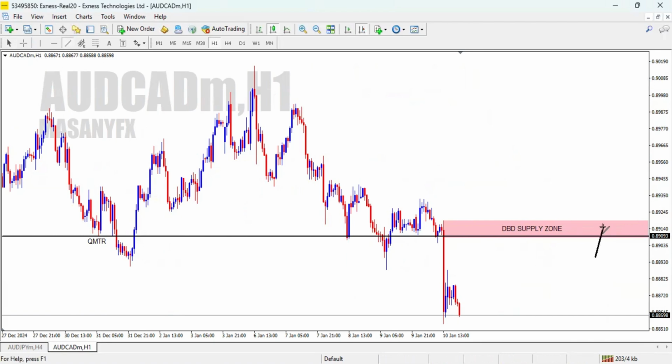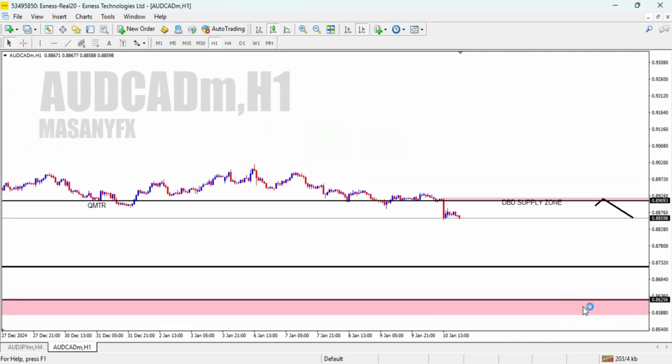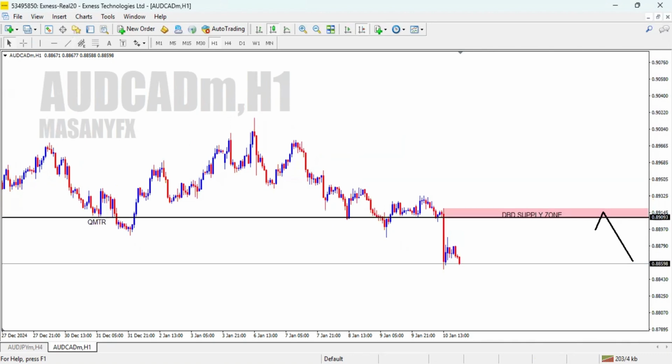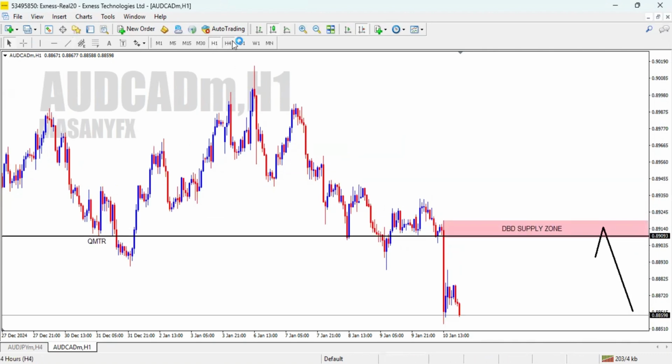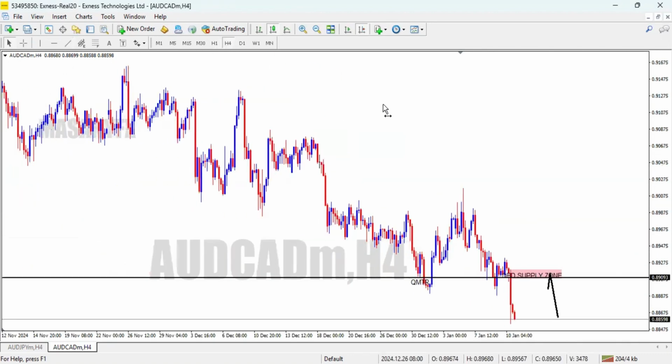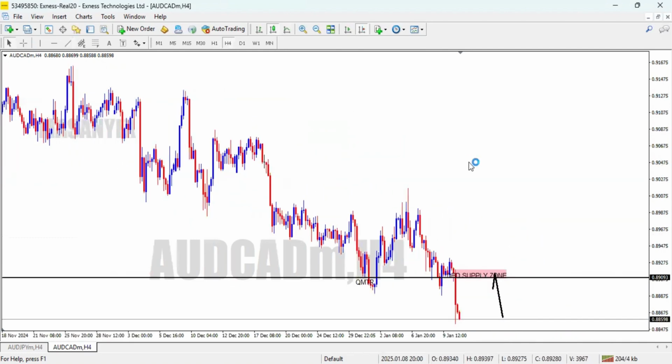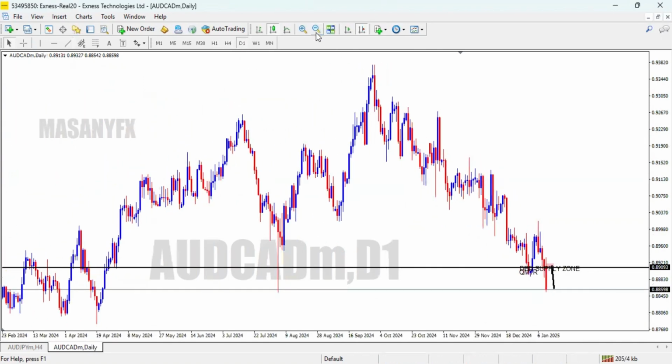So this can come here. This needs to come back here and drop. Drop to where? Drop to this zone. And you can check it. Drop to this zone.